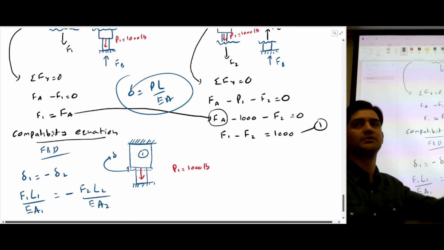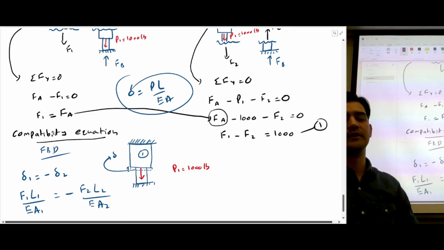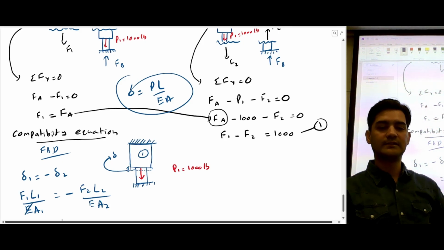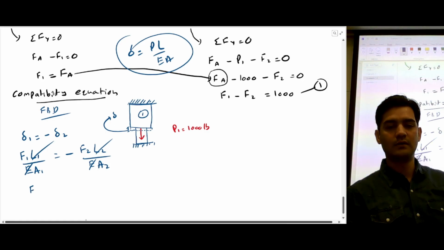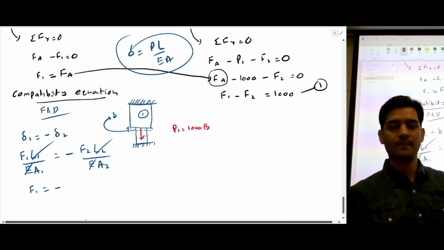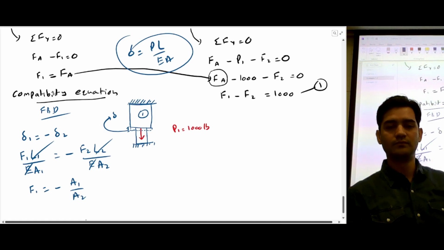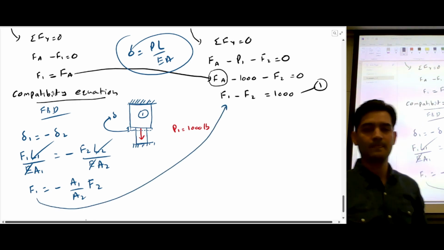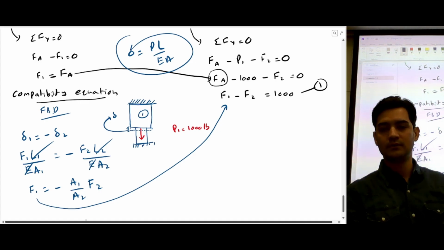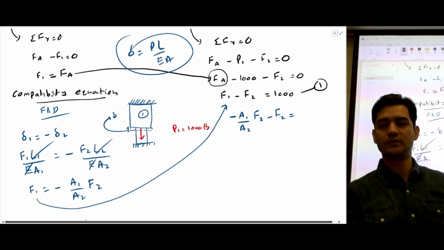So now we have one more equation, and now we can try to solve the internal loads. The modulus of elasticity is the same, it's going to cancel out. The lengths are the same, they're going to cancel out. So F1 is equal to negative A1 over A2 F2. We can put this value here. So it's going to be negative A1 over A2 F2 minus F2 is equal to 1000.